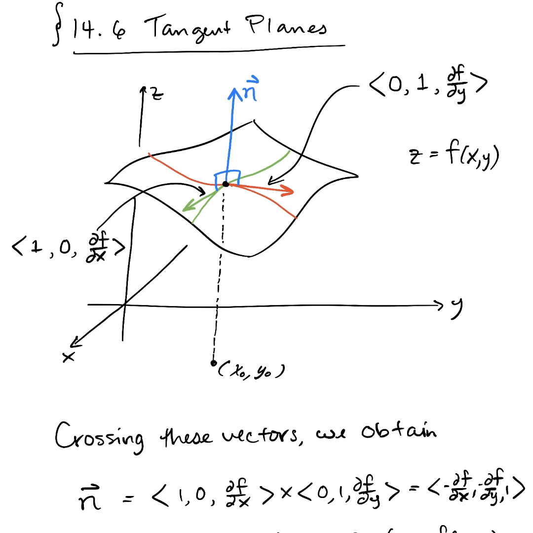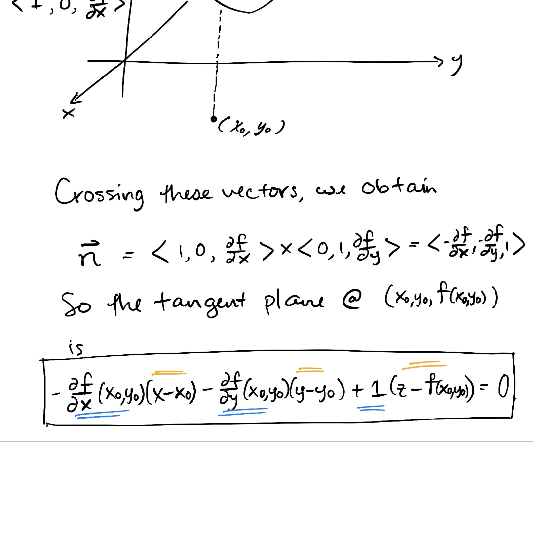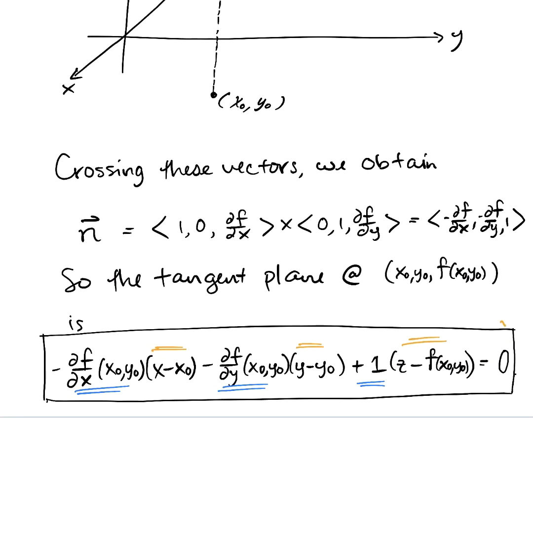It's the plane spanned by the green and red vectors. So that tangent plane looks something like this. It's what you can make out of the green and red vectors. So that's the tangent plane, and this is its equation.